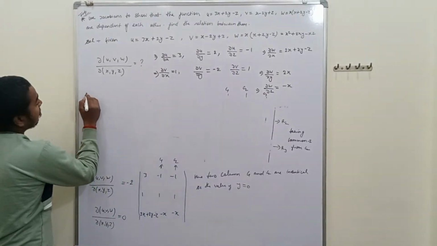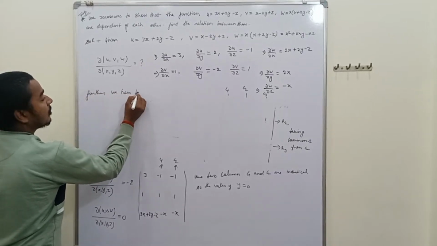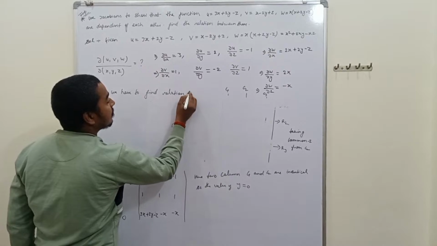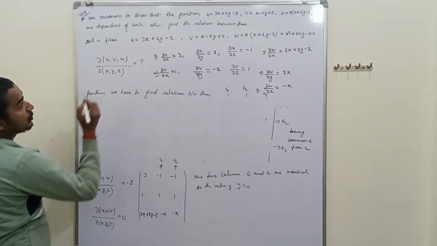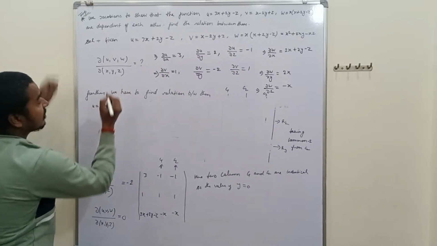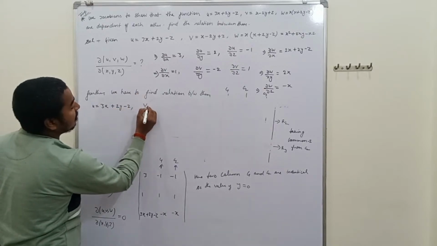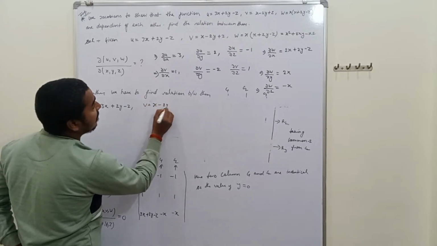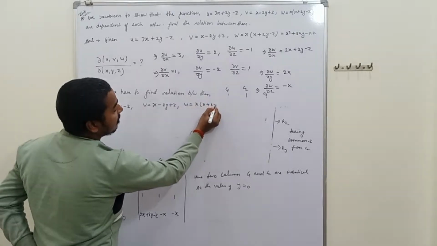Further we have to find the relation between them, that is u is equal to 3x plus 2y minus z, v is equal to x minus 2y plus z, and w is equal to x into x plus 2y minus z.